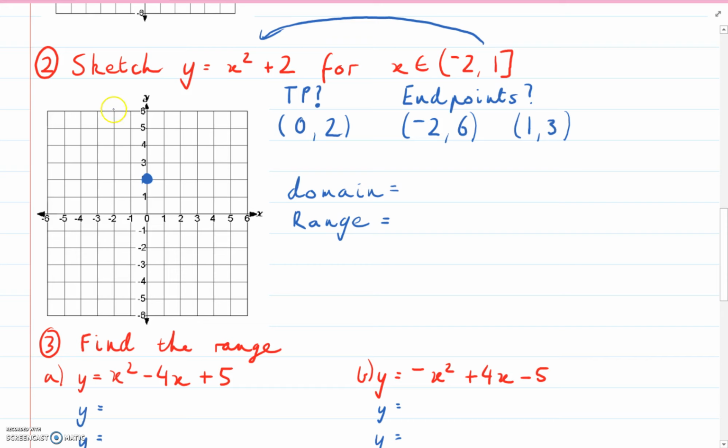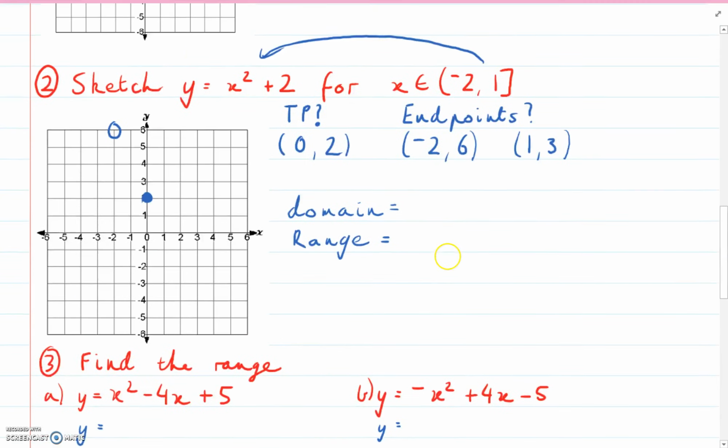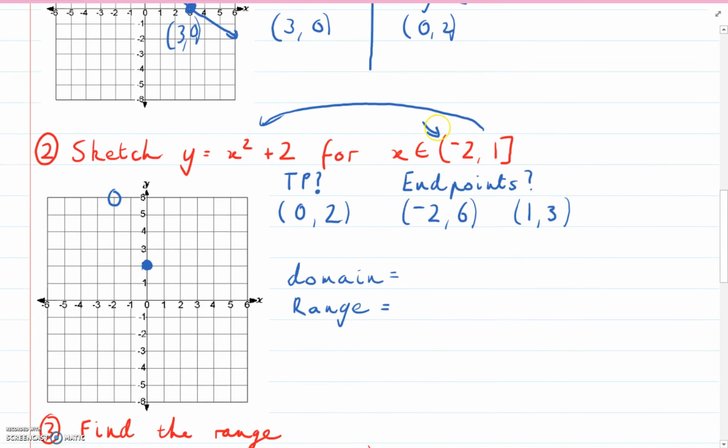So if we've got -2 and 6, now that's an open circle because of our curved bracket. Curved bracket here means an open circle, and 1, 3 is a solid circle there. Oh, it's really wonky, but that'll do. And of course we would label all these values, so -2, 6, 0, 2, and 1, 3.